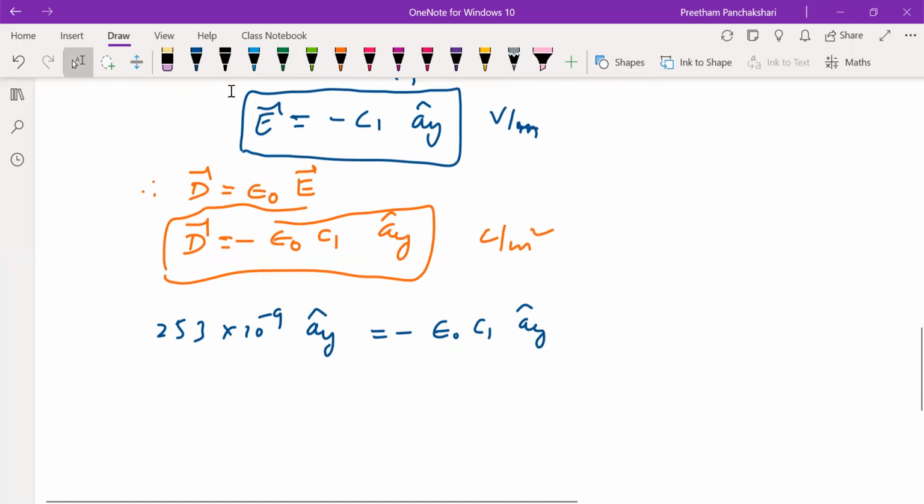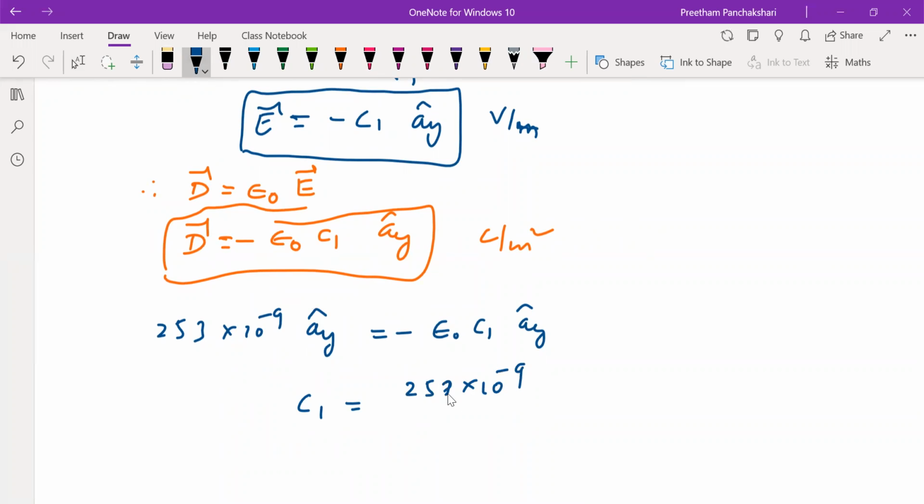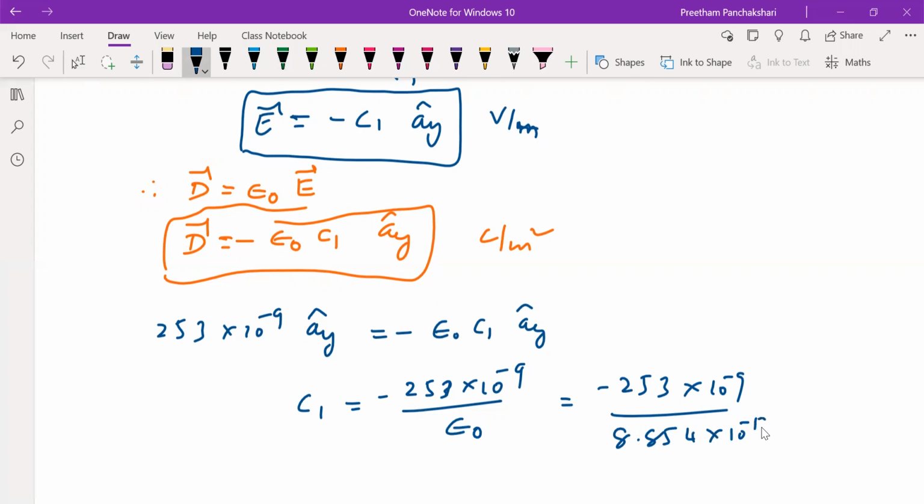So from this equation, C1 becomes minus 253 nano, epsilon naught in the denominator. This can be further calculated using the value of epsilon naught, that is 8.854 into 10 power minus 12.